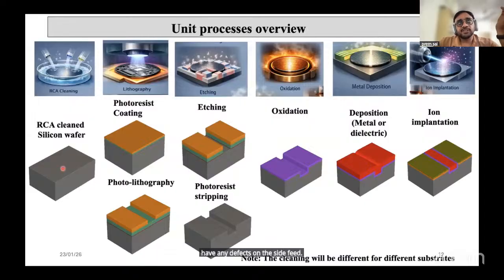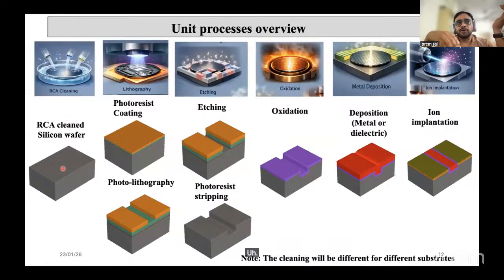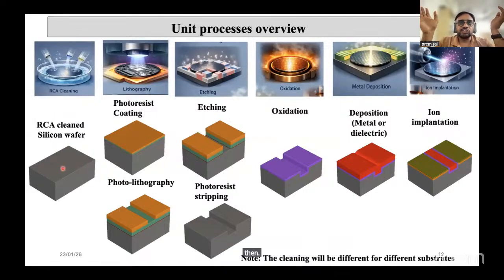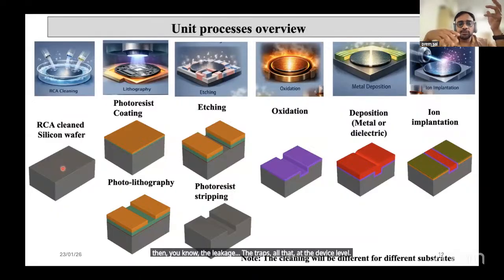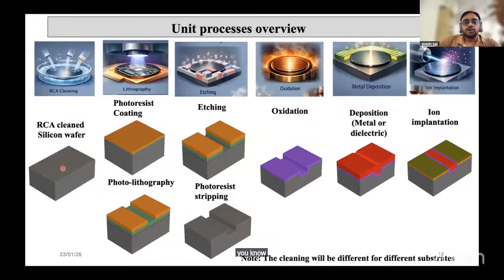If there are defects, it will lead to a performance drop in the chip, like the gigahertz frequency dropping, then the leakage, the traps, all that at the device level. That's why we need to clean the wafer. If you don't clean it, it will impact the electrical performance, which will impact the circuit performance, then the system. So it's a chain effect.